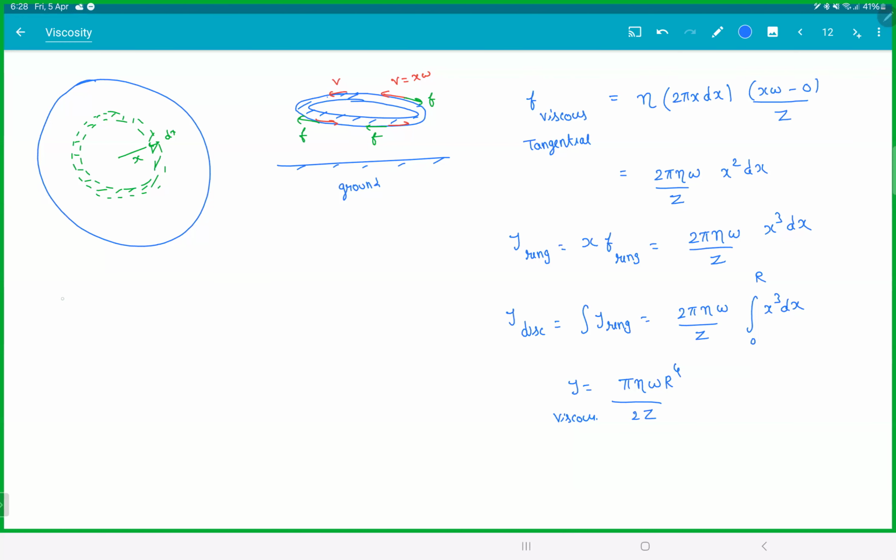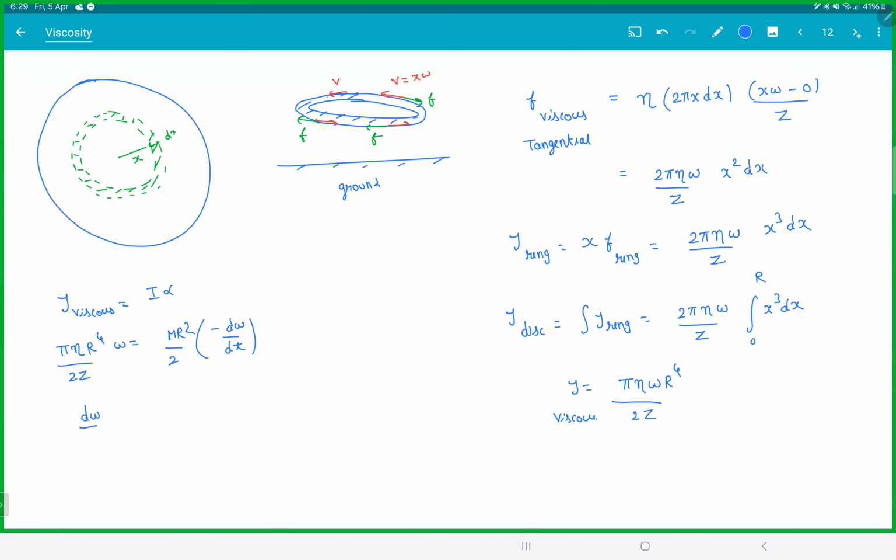Great. Once we have this torque, viscous torque is equal to I alpha. That is pi eta r power 4 by 2z omega. I will be m r square by 2, it's a disk. Alpha will be minus d omega by dt because it is decelerating; torque is opposite to omega.